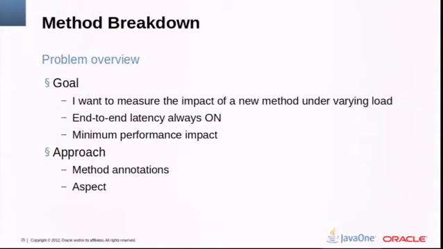But as we produced the solution, some other goals came from the business. It's like, well, can we keep it on all the time? Because this is good statistics where we can say, from this stage to this stage, how much time my requests or my system are taking.